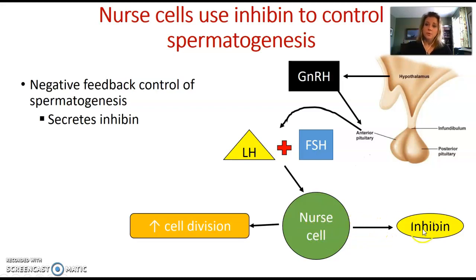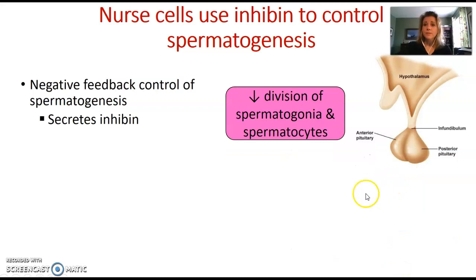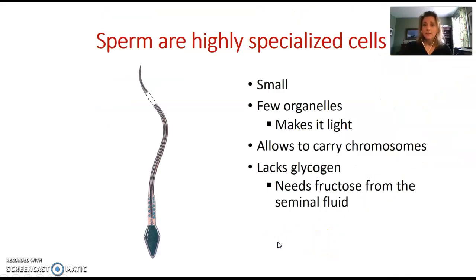So the nerve cells secrete inhibin, which is going to not only inhibit the anterior pituitary gland, but it's also going to inhibit the hypothalamus. So inhibin is going to slow down the release of LH and FSH, but it's also going to slow down the release of GnRH from the hypothalamus. So inhibin is going to have kind of a two-pronged function here. As a result, we have decreased division of spermatogonia and spermatocytes.